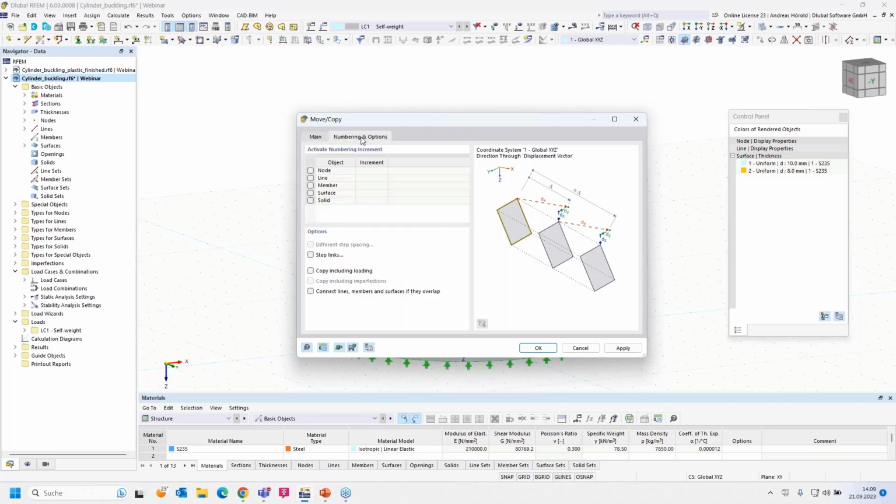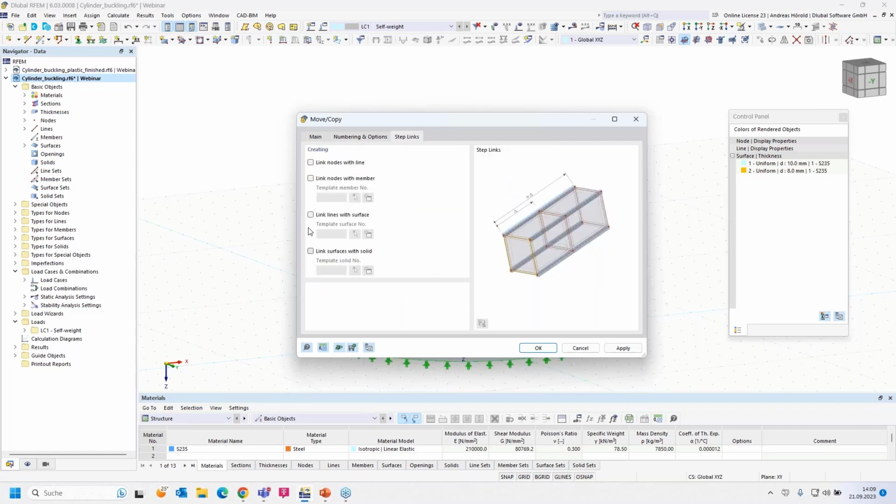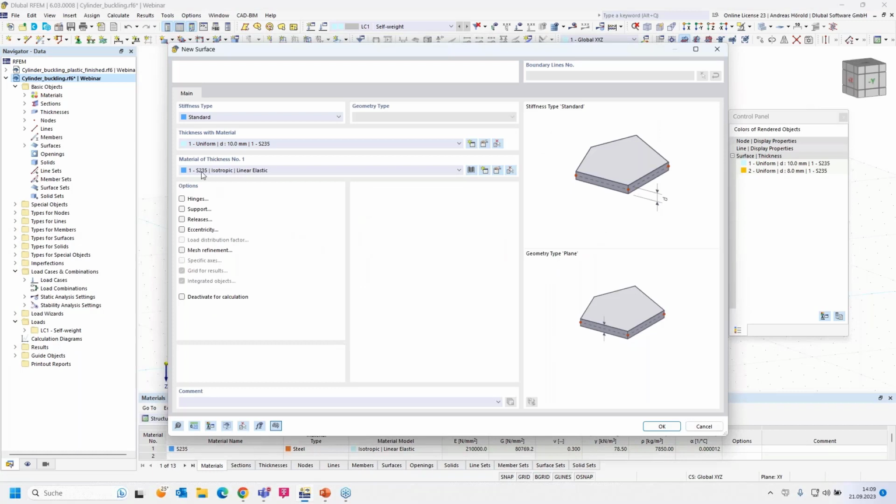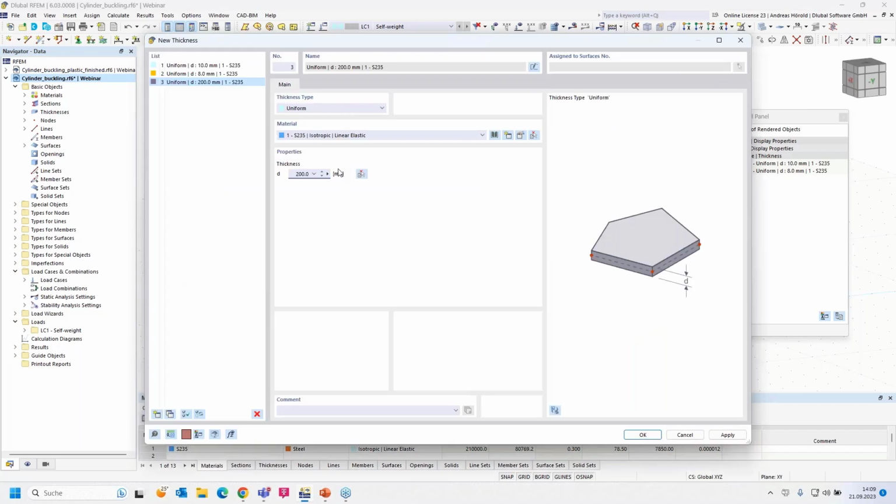Then under Numbering and Options I select the step Links, and I check Link lines with surface. And I need to create such a surface. Okay. The material should be S235, but we have to create a new thickness, 6 millimeters.